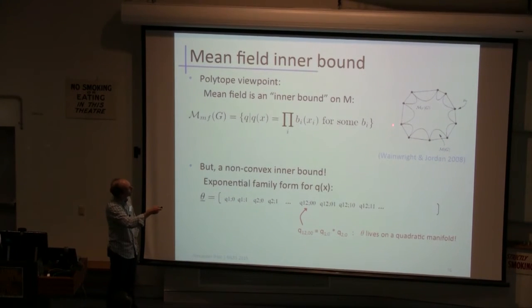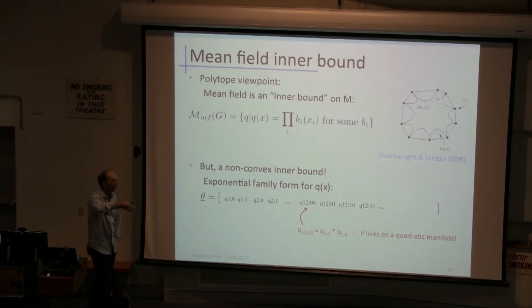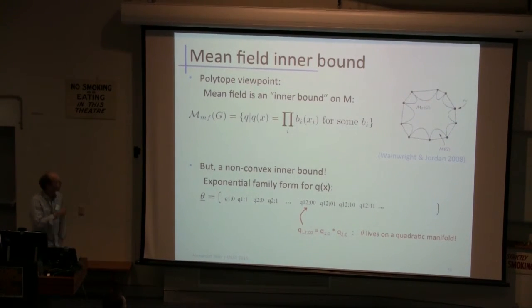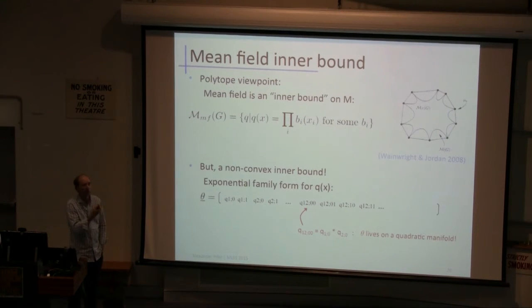So this set includes all the vertices, but then restricts ourselves to some non-linear submanifold of the parameters theta. Okay, so this is one reason why this coordinate ascent is not globally optimizable. It just finds local optima.